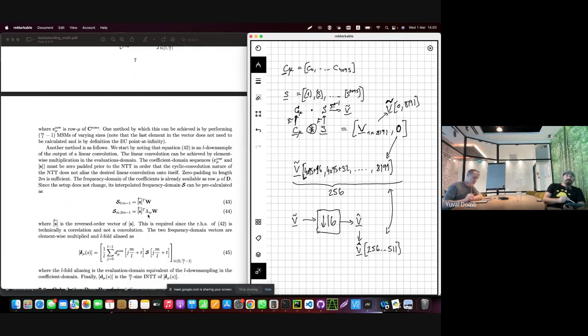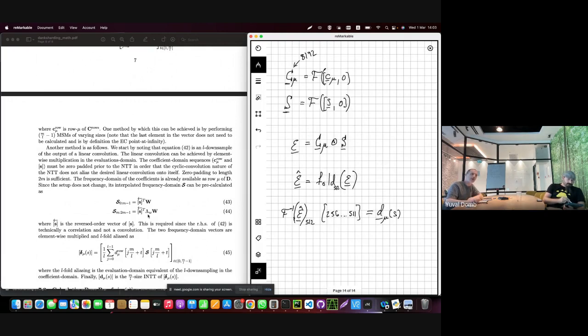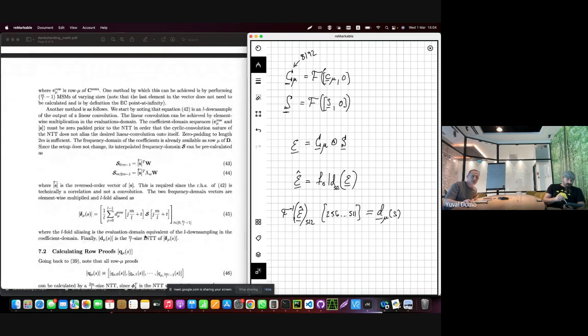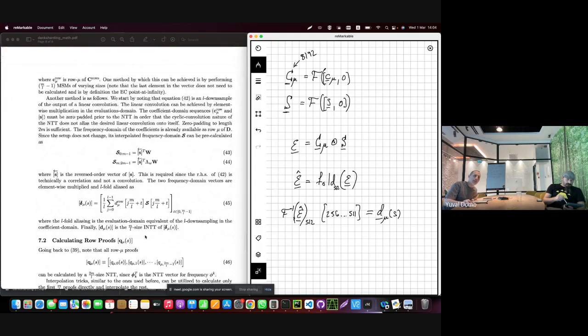So we need to flip one of the sequences. In lines 43 and 44, I said that we take the reversed order of S. So we don't do an FFT of the secret setup, we do an FFT of the reverse order of S. Those are just little details that are important in the implementation, but not so significant to our presentation.